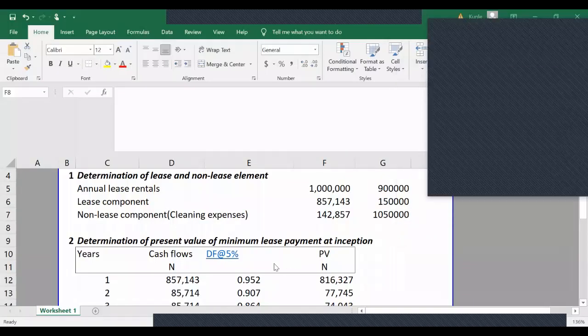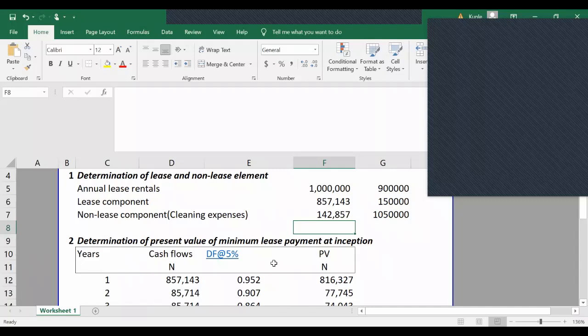Okay, let me explain again so that those who did not understand can be carried along. The question says there is an annual rental of 1 million and it is for a period of 3 years, right?